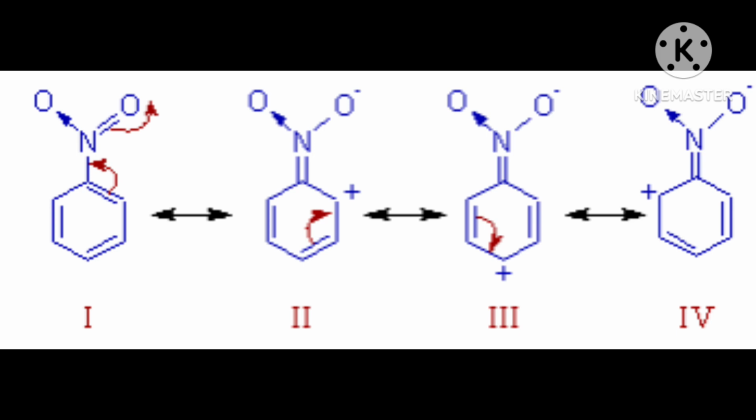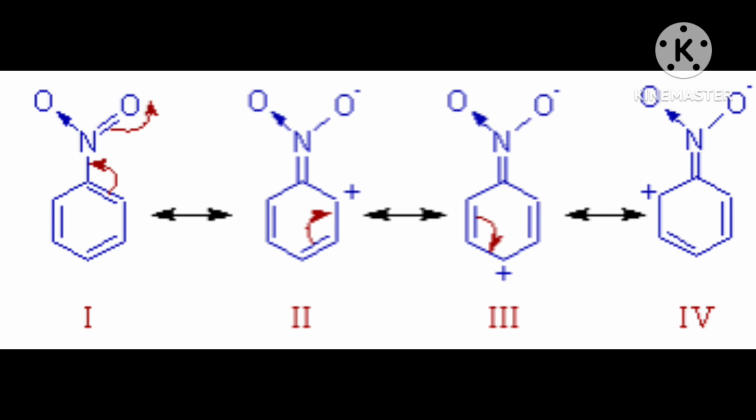That's why the arrow sign is shown towards oxygen and forms a coordinate bond. So in NO2, one oxygen makes a double bond with nitrogen, and the other oxygen makes a coordinate bond.